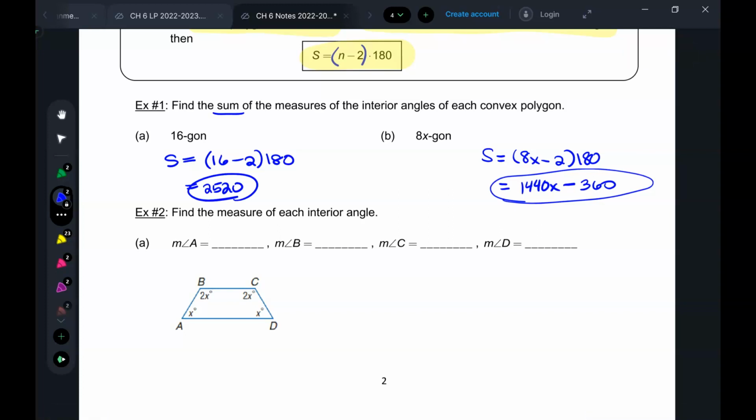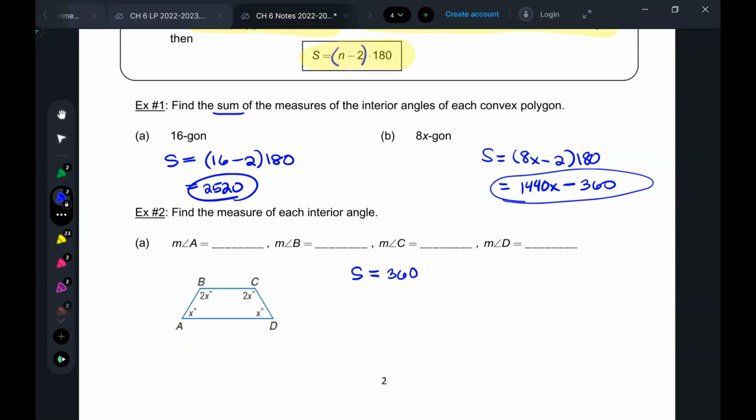Now we're going to find the measure of each interior angle. How many sides do we have? 4. So what's the sum of the interior angles here? They all have to add up to 360, it's a quadrilateral. Quadrilaterals we're going to work with a lot. Just like we work with triangles over and over again and remember 180, we're going to do the same with quadrilaterals. So just remember it's 360.